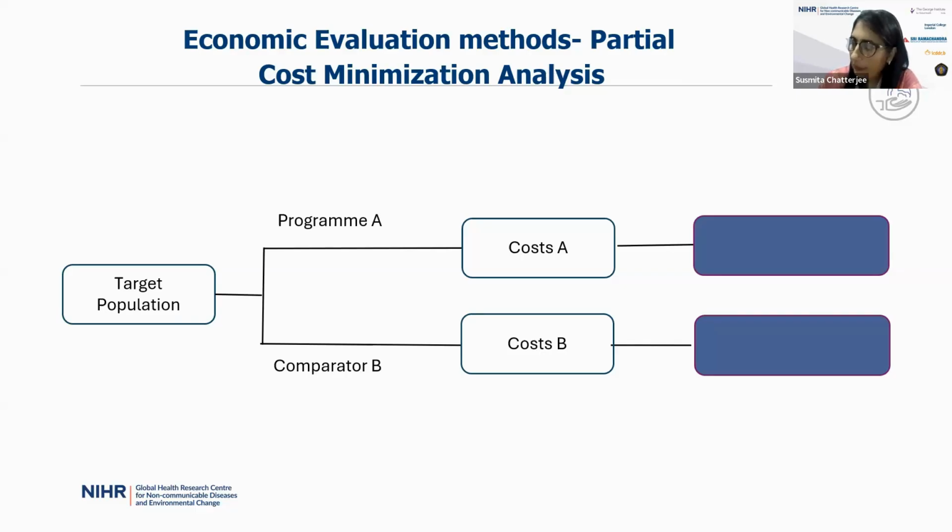You cost the COVID-19 vaccination, that is your cost A. You cost the disease treatment of COVID-19, that's cost B, and you compare the cost, just the cost. You are not looking at the consequences. Your focus is to see which one is least costly.